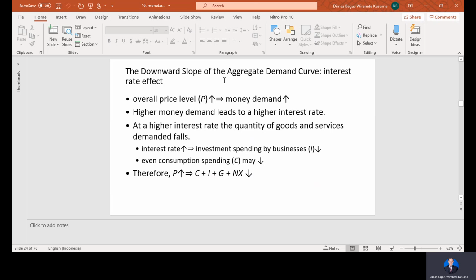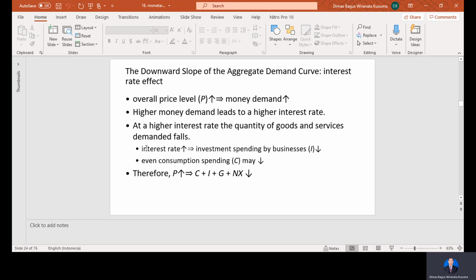The downward sloping aggregate demand curve: the interest rate effect. So why is the slope downward, negatively sloped? Because an overall price increase will raise money demand. Higher money demand leads to a higher interest rate. At the higher interest rate, the quantity of goods and services demanded falls.